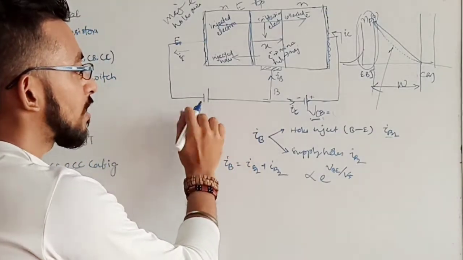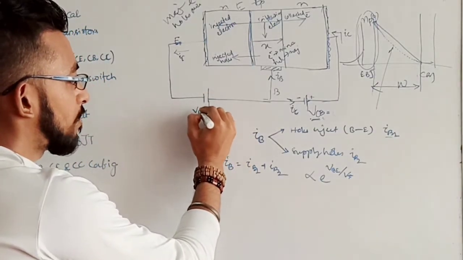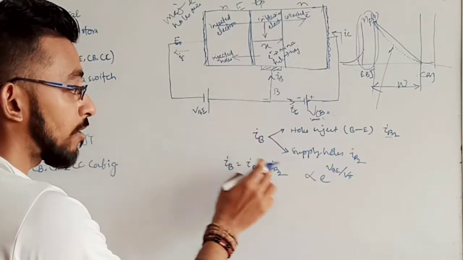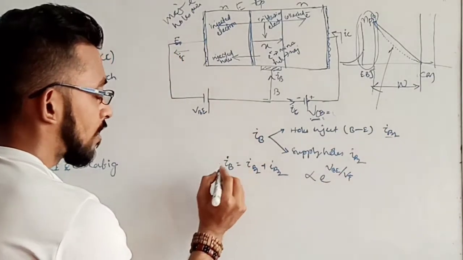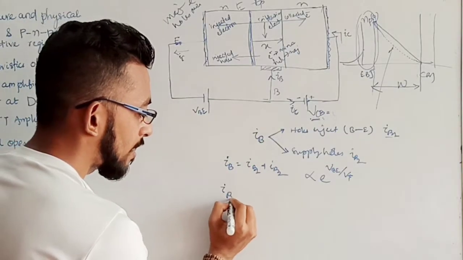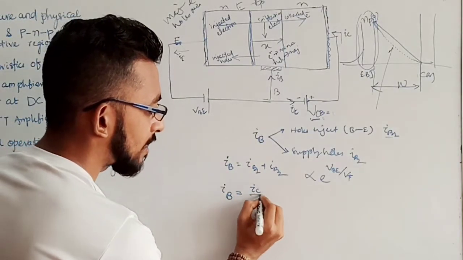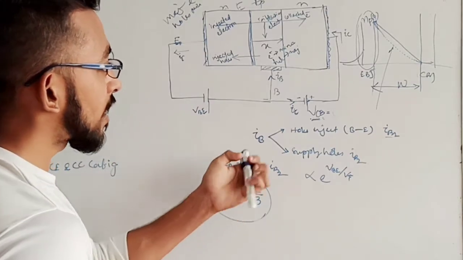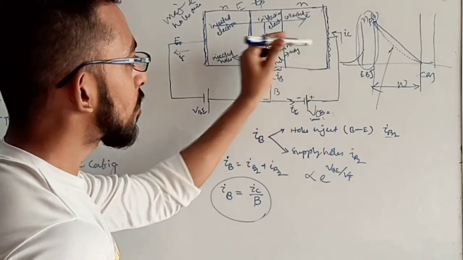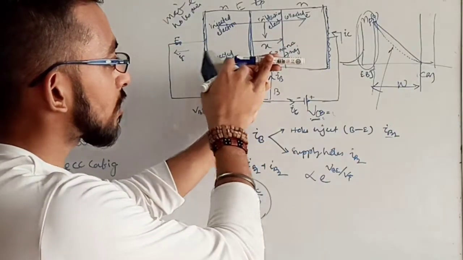That will depend upon this VBE value and the thermal voltage. So our IB is nothing but our IC upon beta. How do you see that? The IC current flows from right to left, in the direction of the pen.